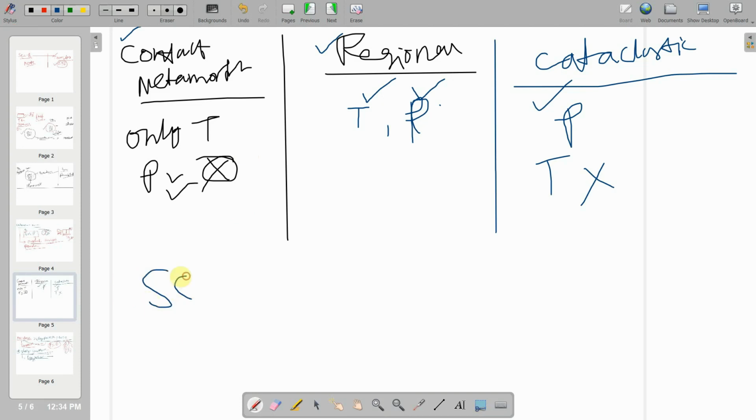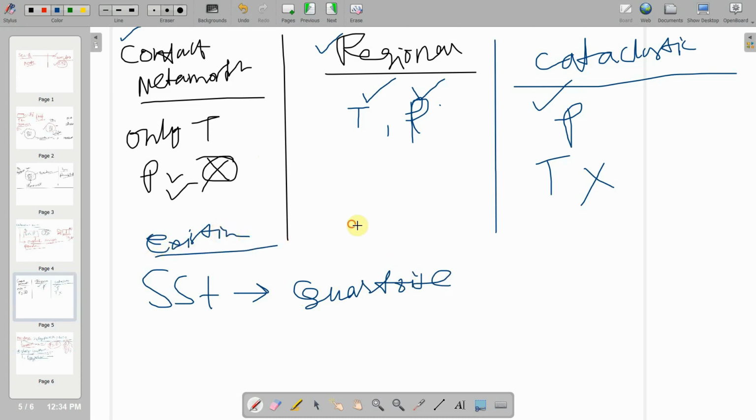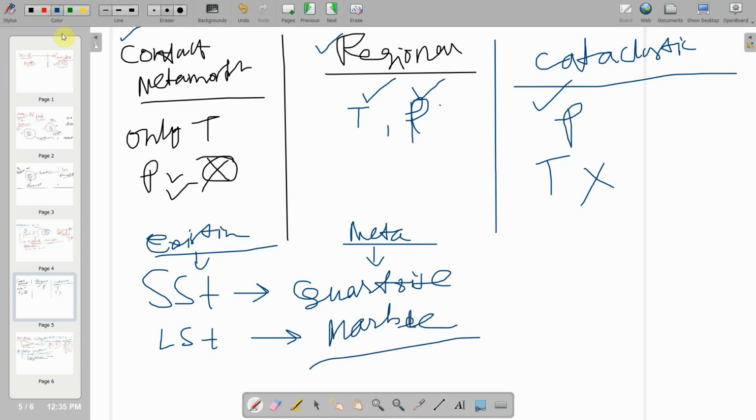So the igneous or sedimentary counterpart, this is the existing rock, and this is the metamorphic rock. And limestone generally is metamorphosed into marble.